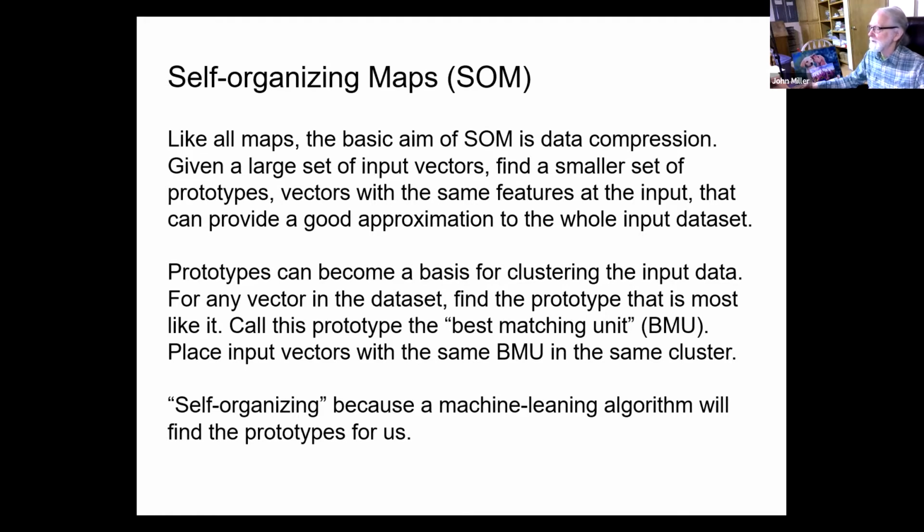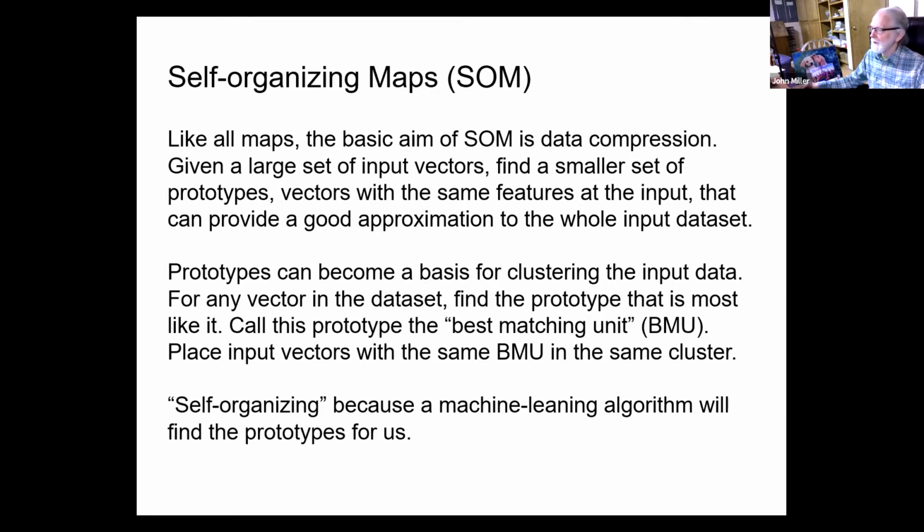Self-organizing maps accomplish the same result by taking the vectors that make up a data set and finding prototypical vectors. These prototypes are a smaller number of vectors than actually in the data set, but they're designed to essentially contain the content of the whole data set in just a few prototypical vectors.